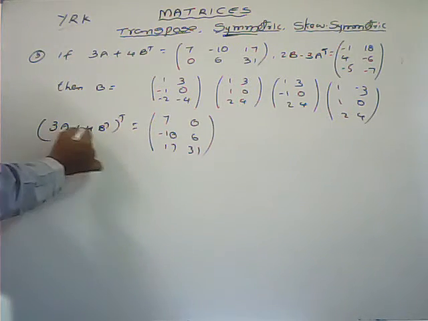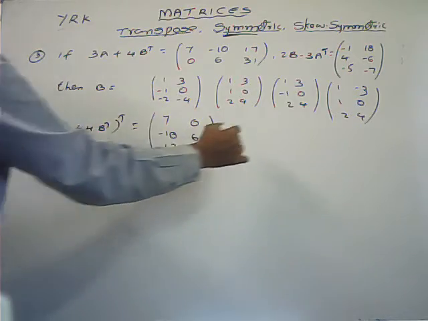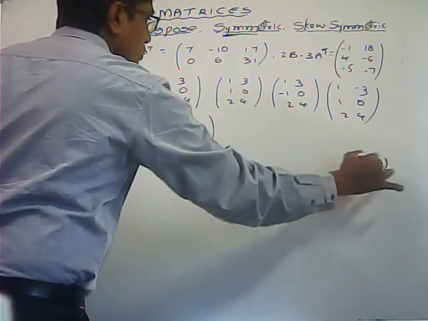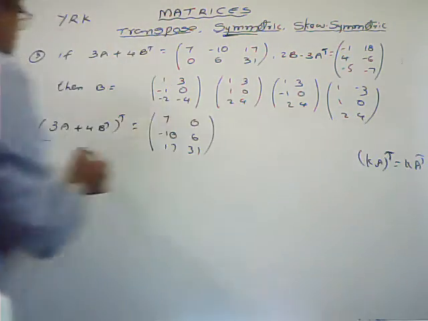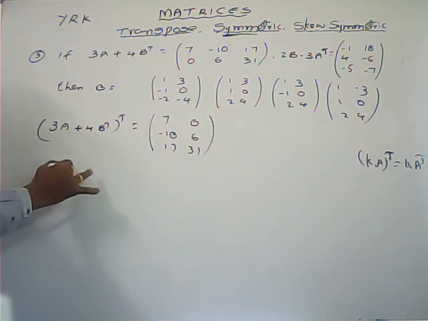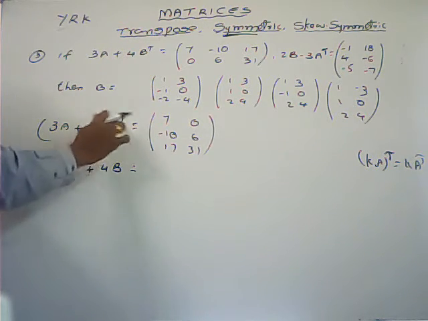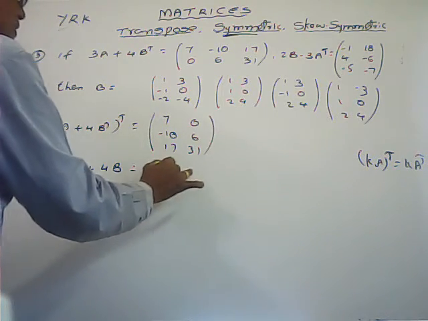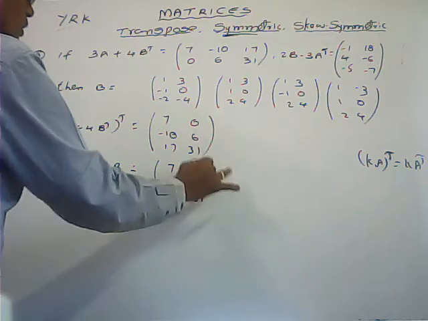So (3A + 4B) transpose is (3A) transpose plus (4B) transpose, and (kA) transpose, where k is a scalar, we can write as k times A transpose. So we can write 3A transpose plus 4B transpose, whole transpose, which is equal to B only. That is equal to 7, 0, −10, 6, 17, 31.